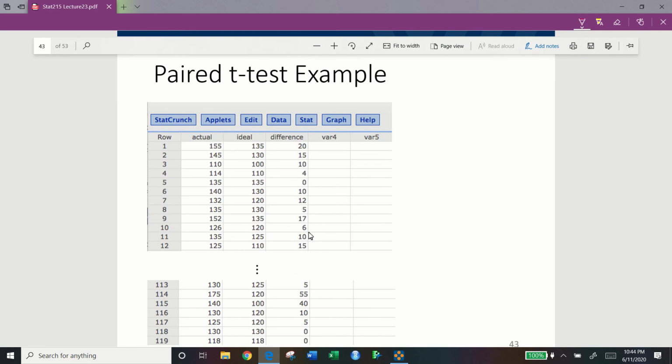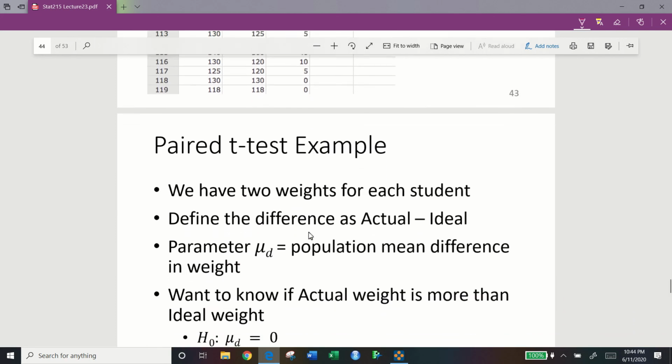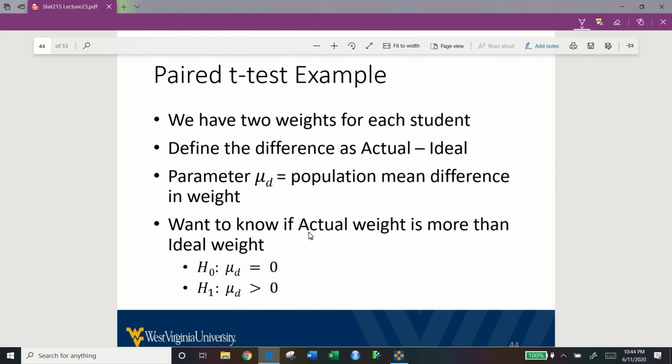Now if we take a look at the data, we have a column of our actual weight, the ideal weight, and the difference. Notice in this case it was actual minus ideal. Just to be clear that this is a paired t-test, we can see that we have two weights for each student.